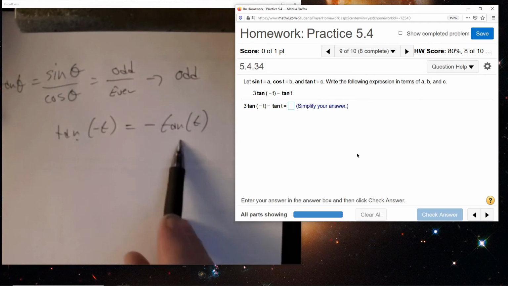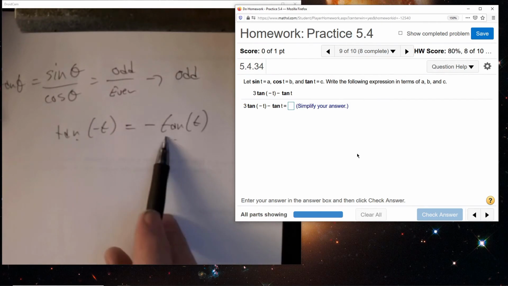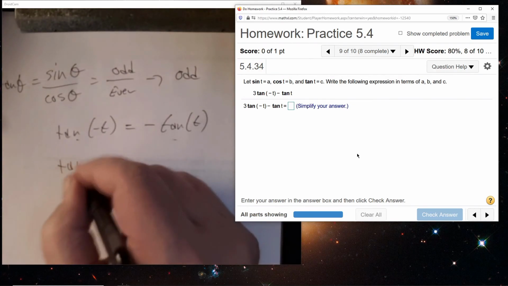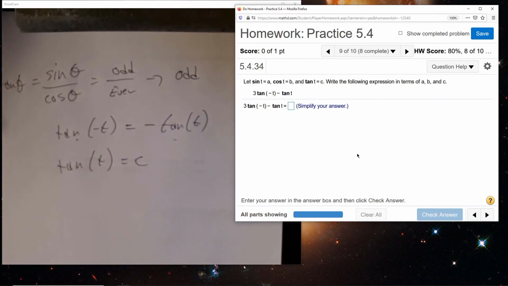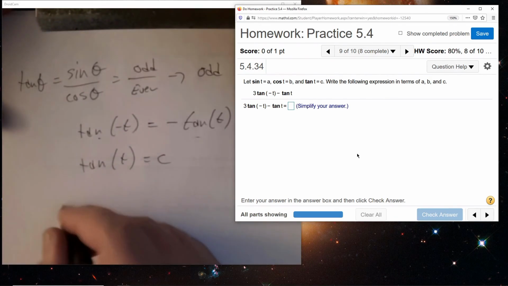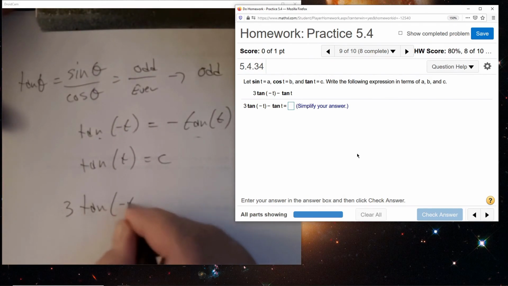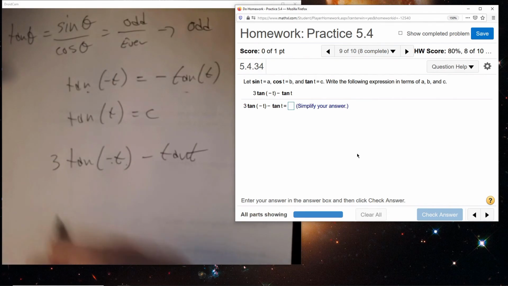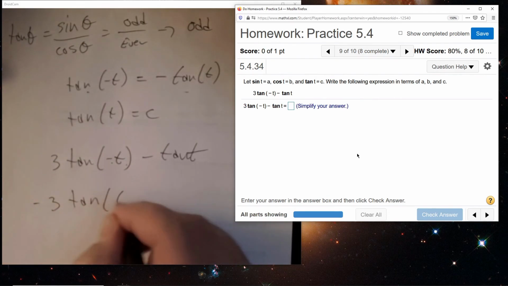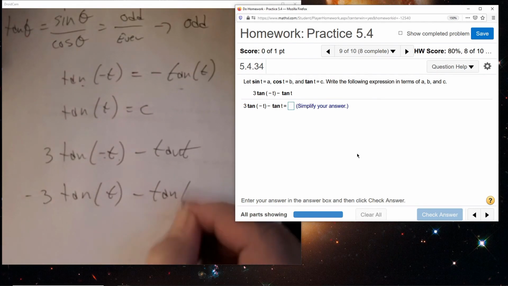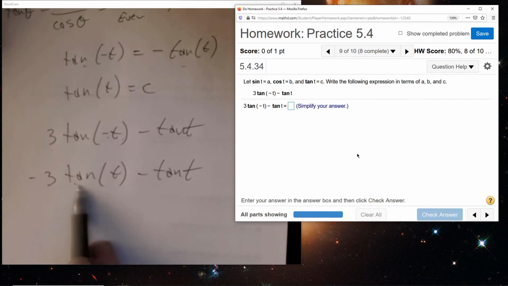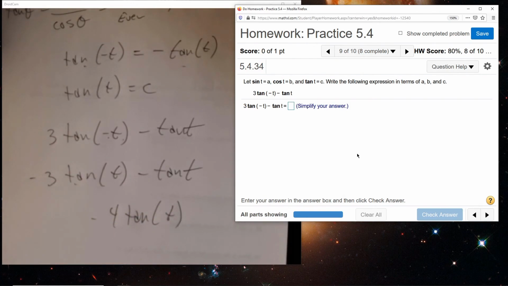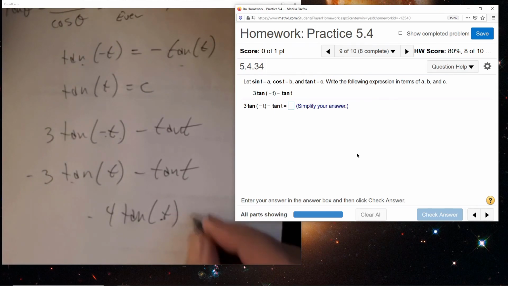So again, this is what it means to be an odd function. It's the definition of an odd function. And we're also told that tangent of t equals c. So if we look at the equation they give us, well, we know tangent of minus t is minus tangent. And so we can actually add these together now to get minus 4 tangent. And then the problem's telling us that tangent is c.